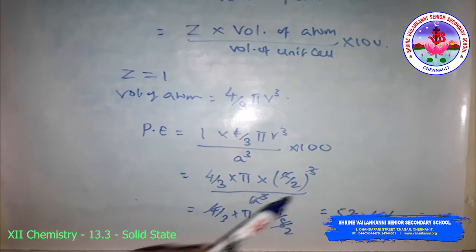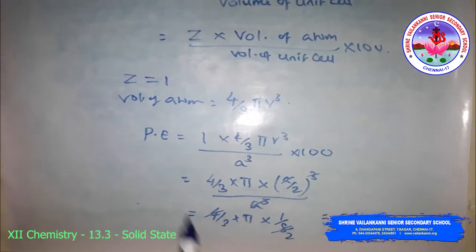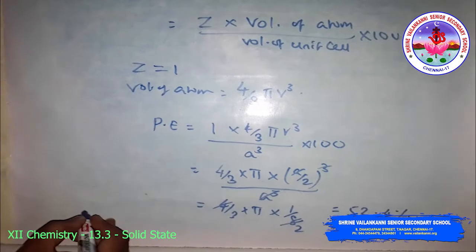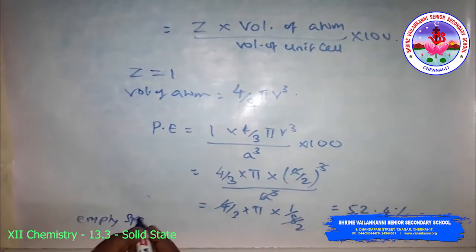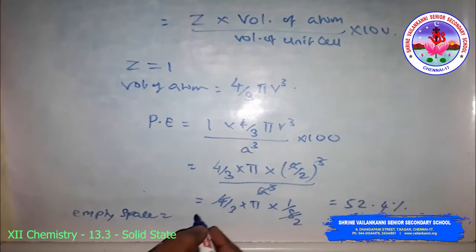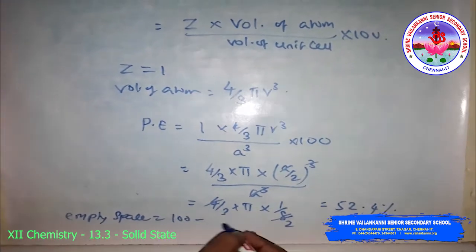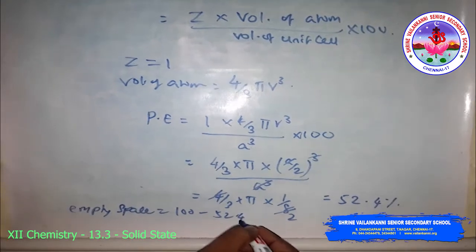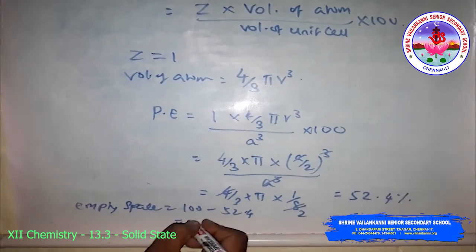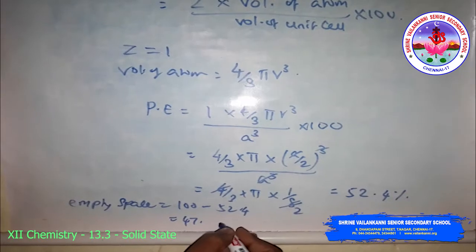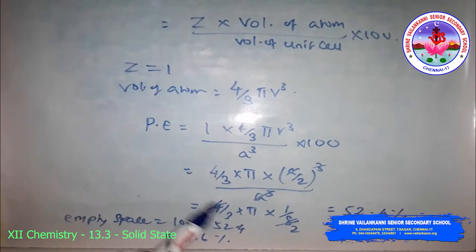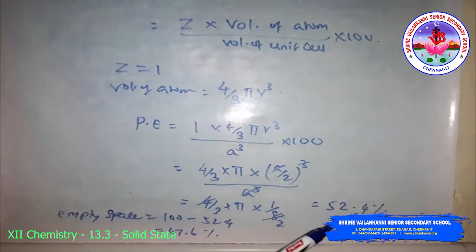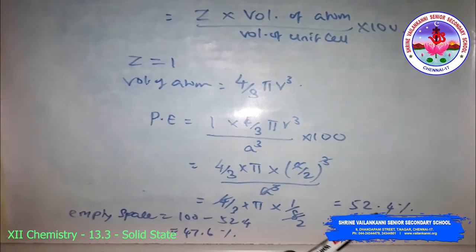Then this is the volume of occupied space. The empty space we can calculate also. So for a simple cubic, 100 minus 52.4, you will get 47.6 percent. This is the empty space, and the packing efficiency for simple cubic is 52.4 percent.